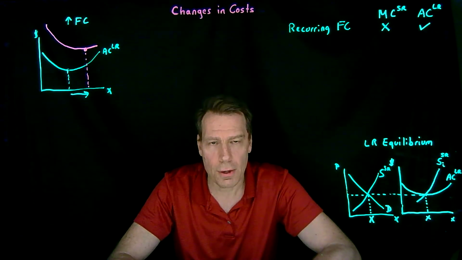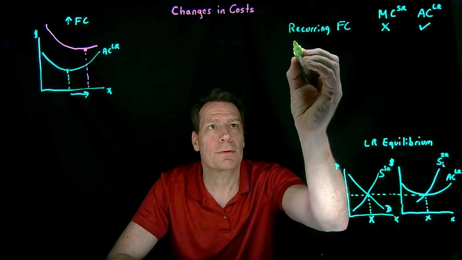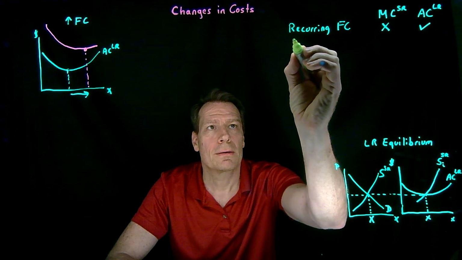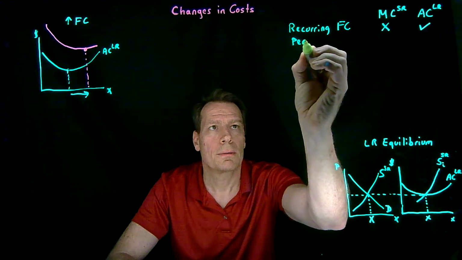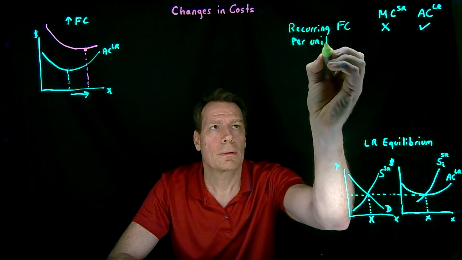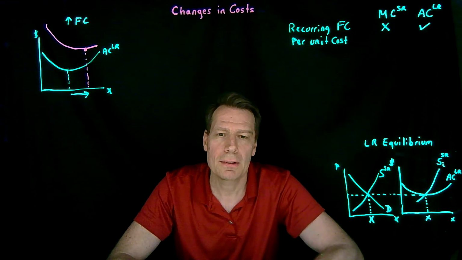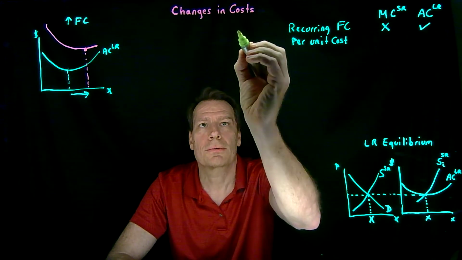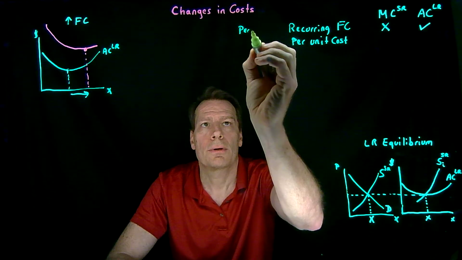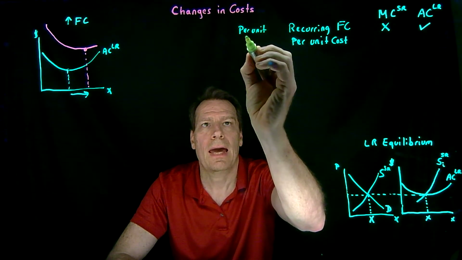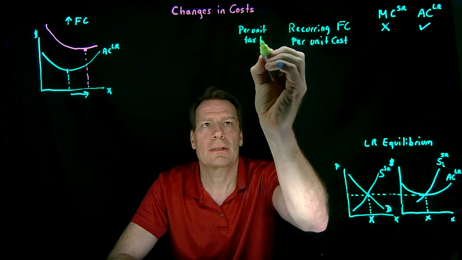A second kind of cost that we'll encounter is a per unit cost. An example of that would be a per unit tax. So think about a per unit tax of little t.